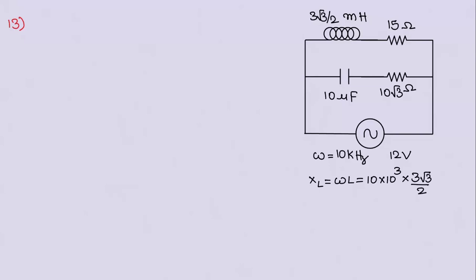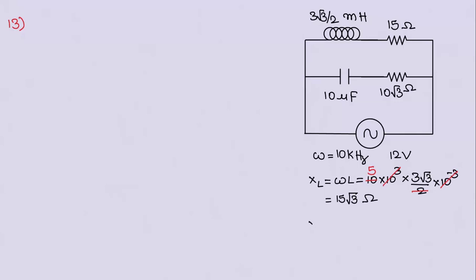So I can say like this: 2 times 5 times, there is a 15 root 3. These two get cancelled. It will be XL is equal to 15 root 3 ohm.